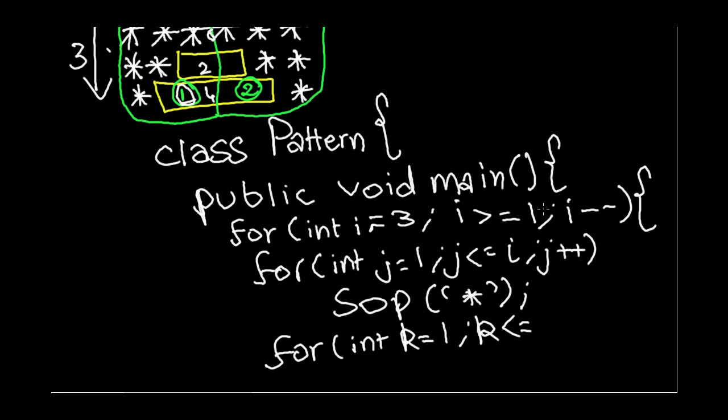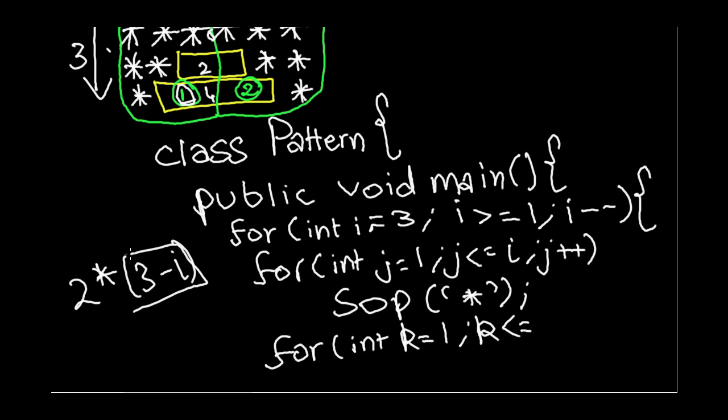Now if you look at it, in the first row the number of spaces is 3 minus I into 2, 3 into 2 minus I. Oh, I'm sorry, it's 2 into 3 minus I. Sorry about that.